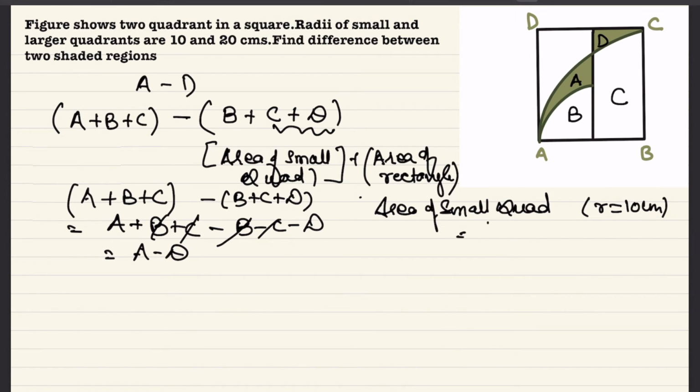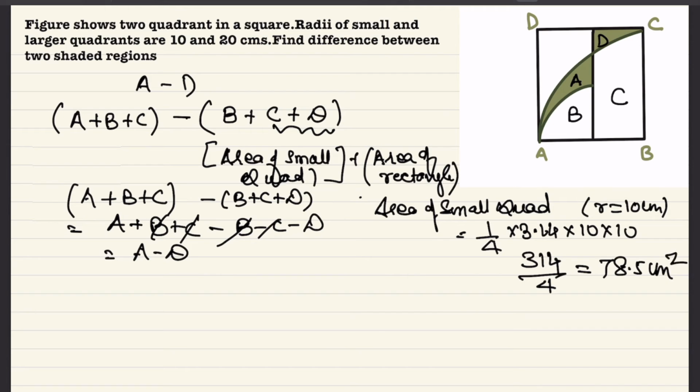So this will be 1/4 into 3.14 into 10 into 10. This is 314 upon 4, which is equal to 78.5 centimeter square.